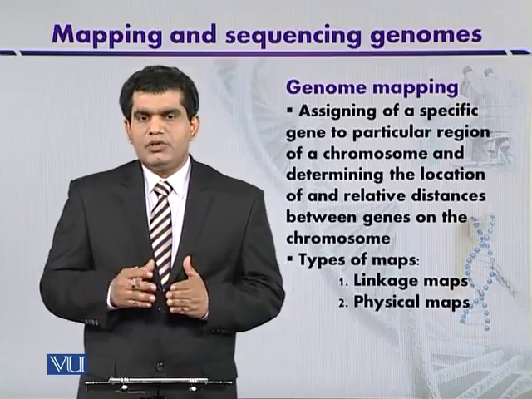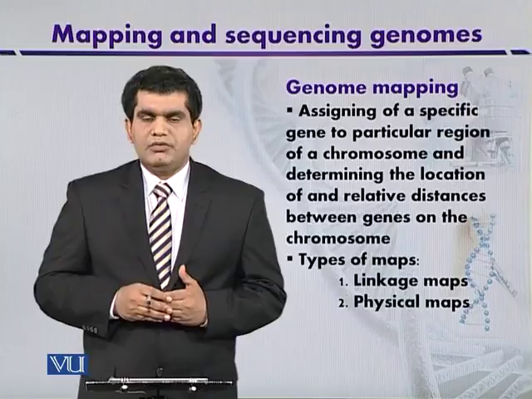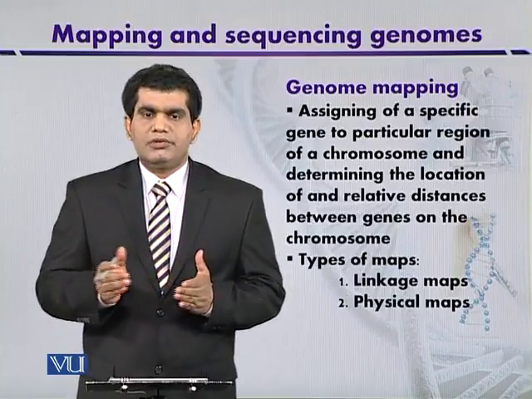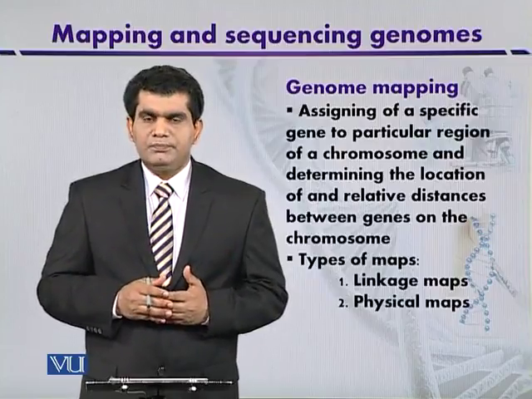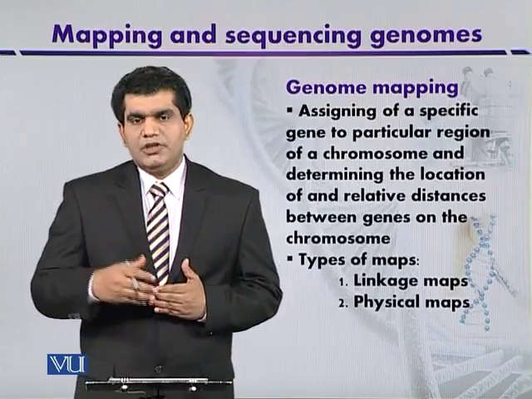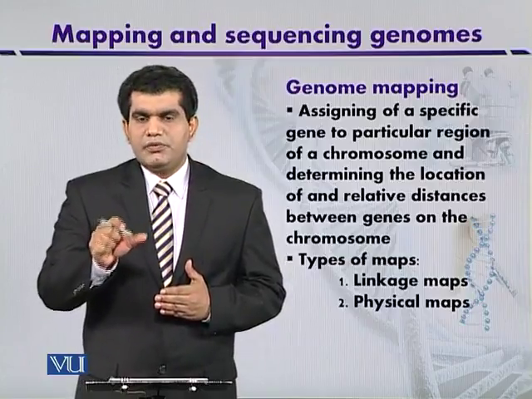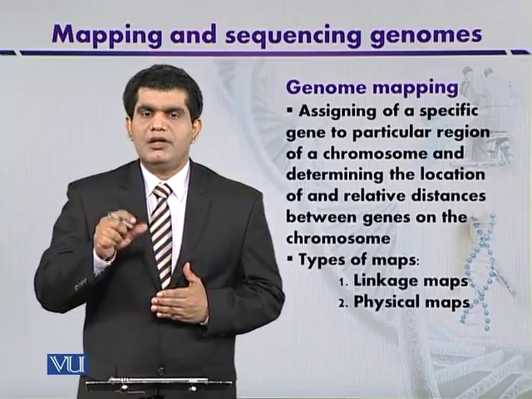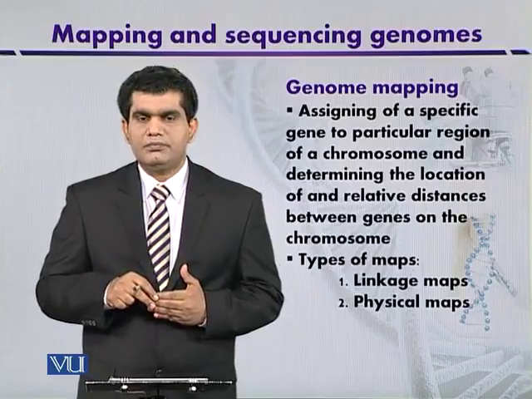So both these activities may be separated from each other, but even then there is a close relationship, like two neighbors living together. And sometimes what happens is that a known sequence of a DNA segment can act as a landmark on the genome.